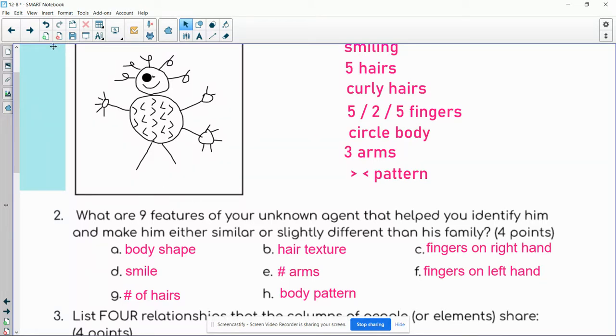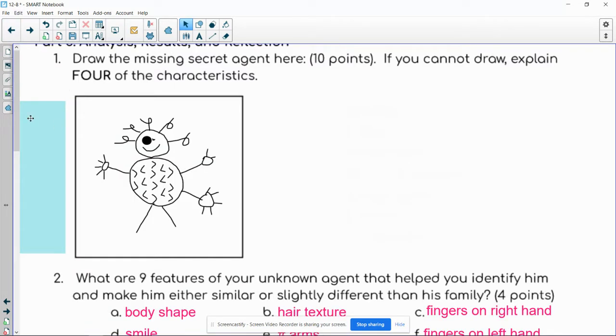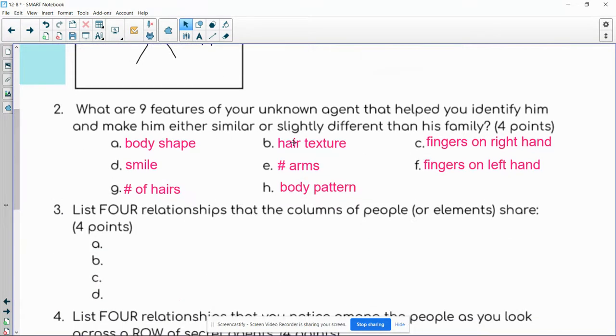That's just asking what all the different traits among these people are. It's the size of the body, the frown versus a smile, straight hair versus curly hair. And so it's all of these things.